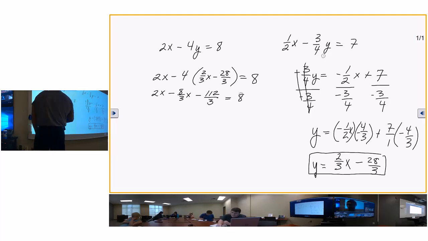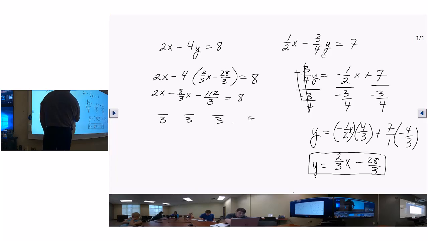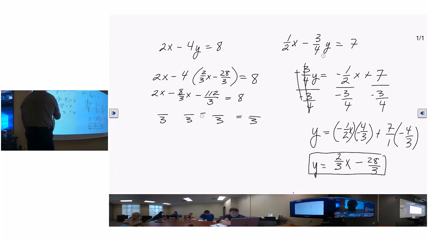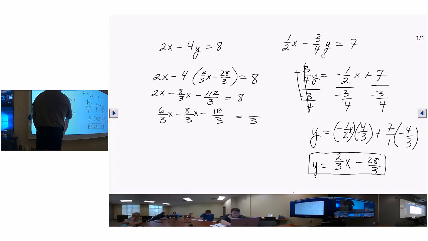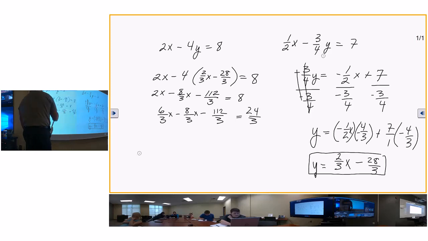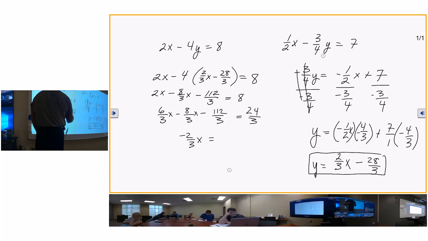Equals 8. And I'm going to get a common denominator. 1 will go into 3, 3 times 2 is 6. 3 will go into 3, 1 times 8. 3 will go into 3, 112. 1 will go into 3, 24. And 6 minus 8 is negative 2/3 x is equal to 112 plus 24 is 136 over 3.